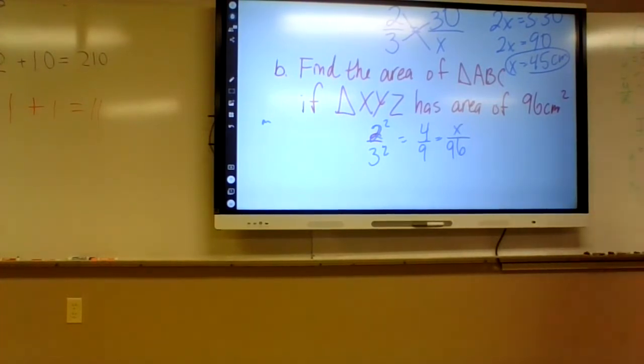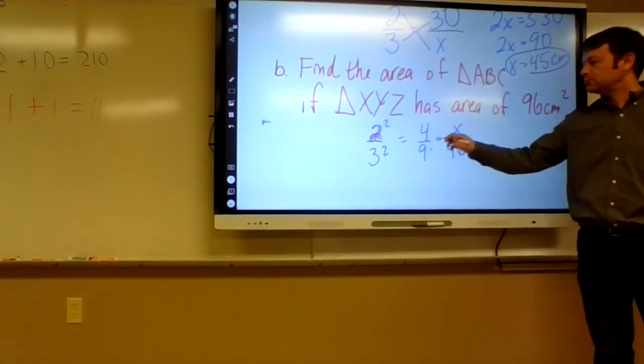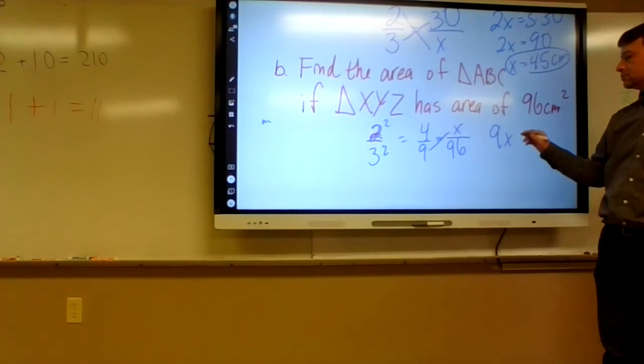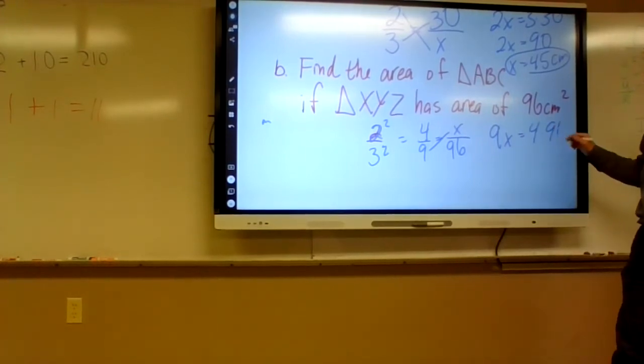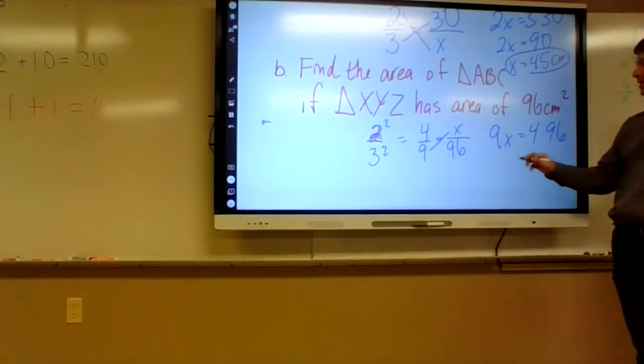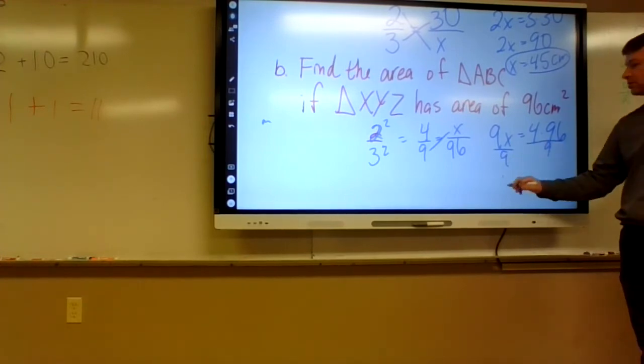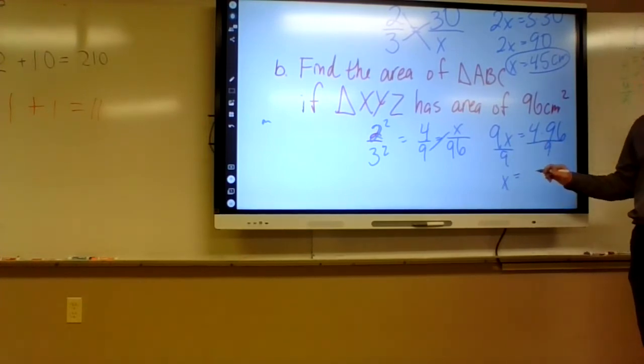Find the area of ABC, the small one, if the large triangle has area 96. 96 across from 9. That comes out as something weird, right? Divide by 9. It's 42.6.